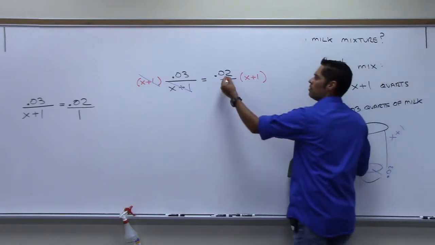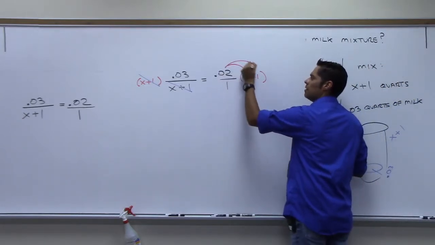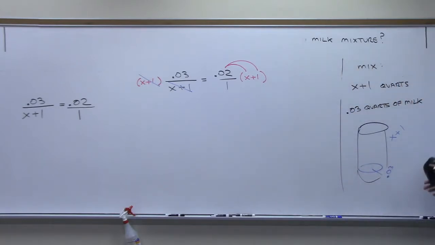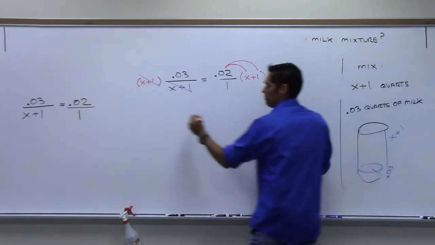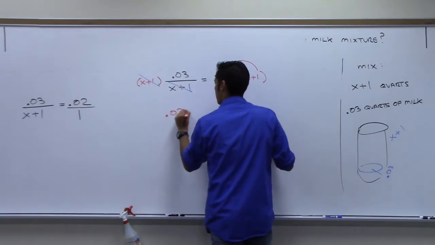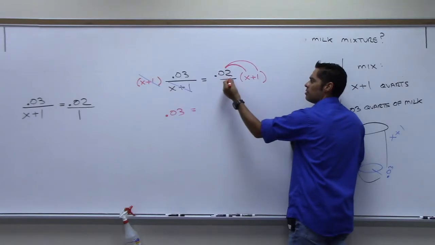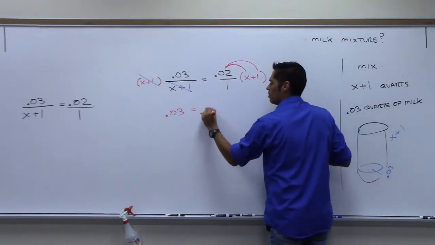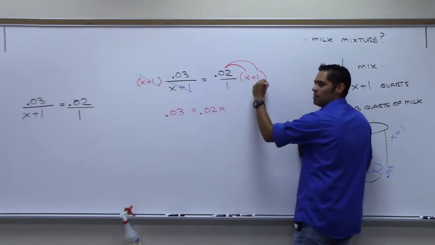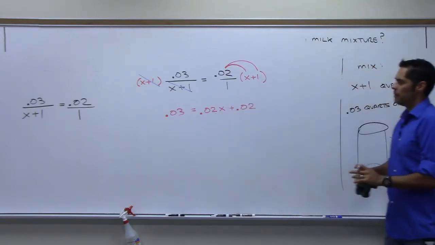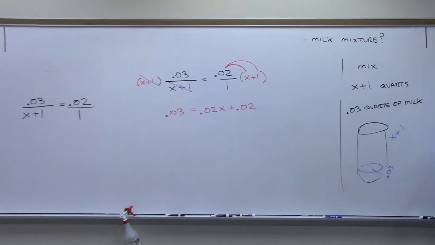Because this is just 0.02, it's going to have to distribute through this parenthesis. So what is still on the left side? 0.03, that's it. Equals, over here, first multiplication, 0.02 times x, 0.02x, 0.02 times 1, plus 0.02. Now you have a nice linear equation with just one variable in it.